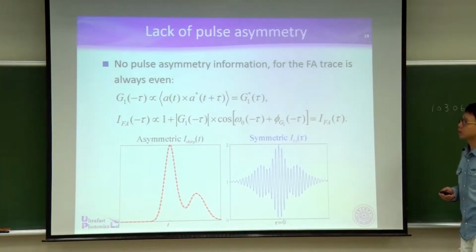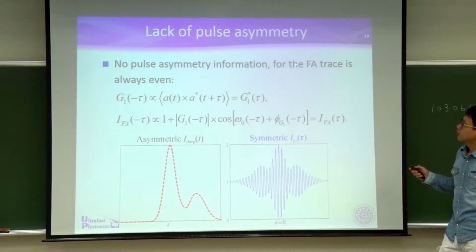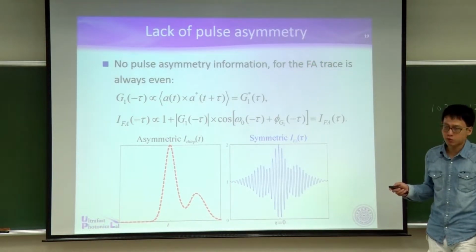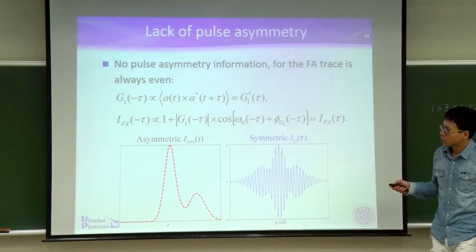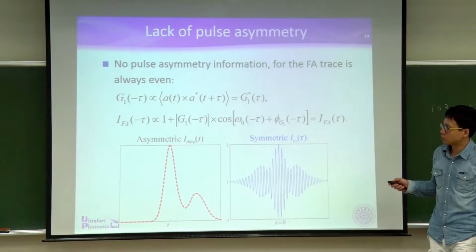The second problem is lack of pulse asymmetry, because the field autocorrelation trace is always an even function. This is a short proof. G1 of minus tau by definition is proportional to A of t times A complex conjugate of t minus tau, which is t plus tau.